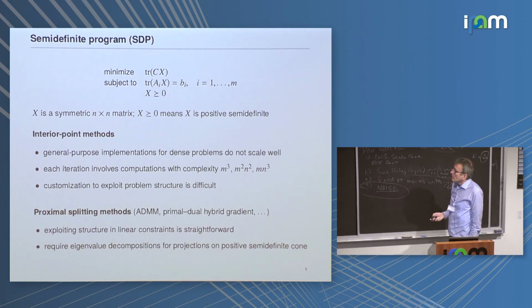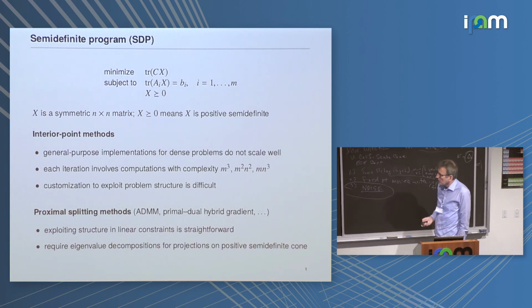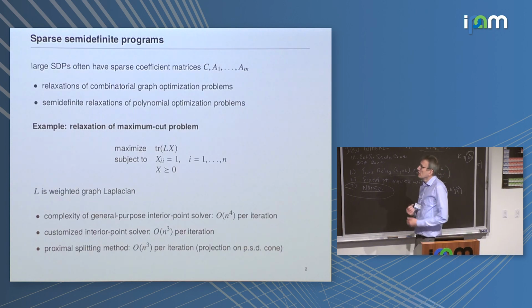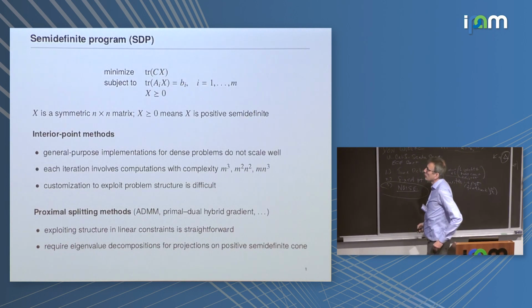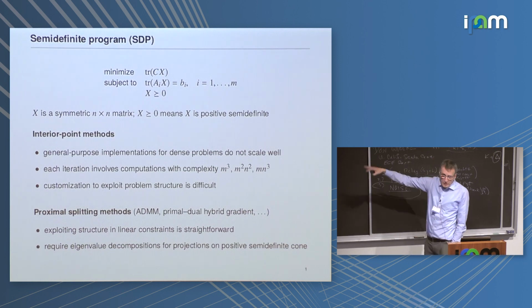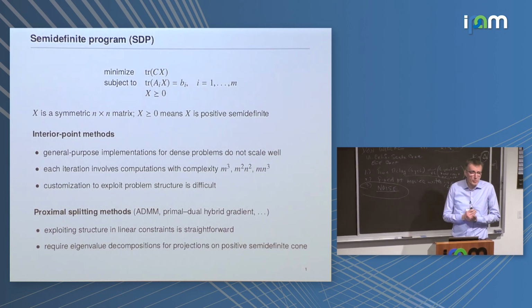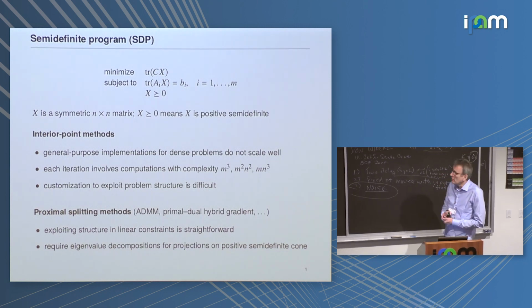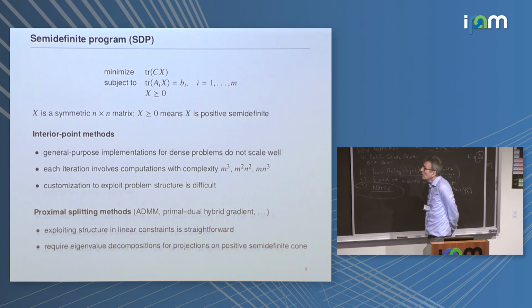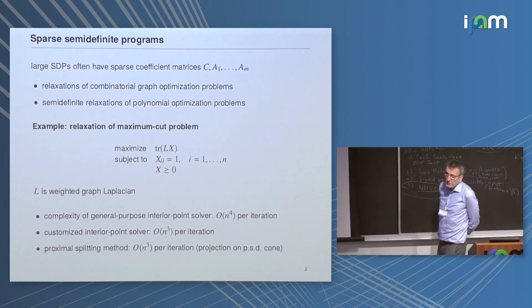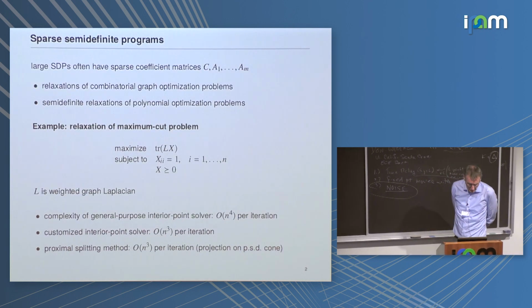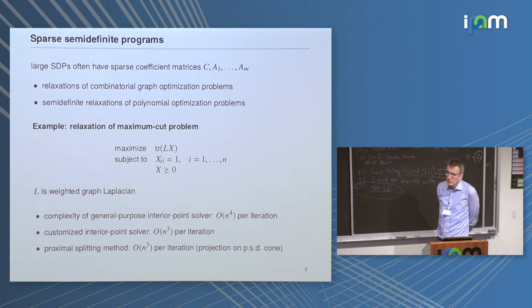So in this talk, we'll look at actually two types of structure. The first one is sparsity. A sparse SDP would be one where all the coefficients A_i and C are very sparse, with a lot of overlap between the zeros in the constraints. That's common in learning applications that involve graph optimization problems, for example, SDP relaxations of different types of clustering or partitioning.